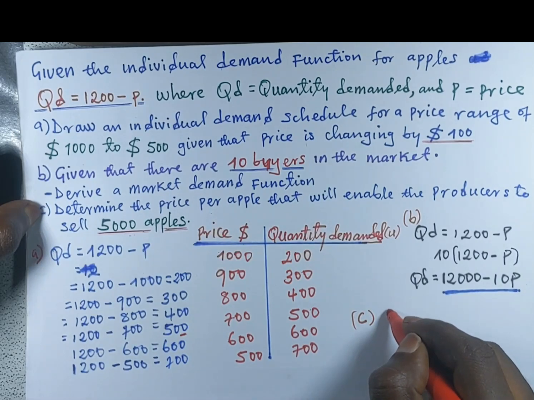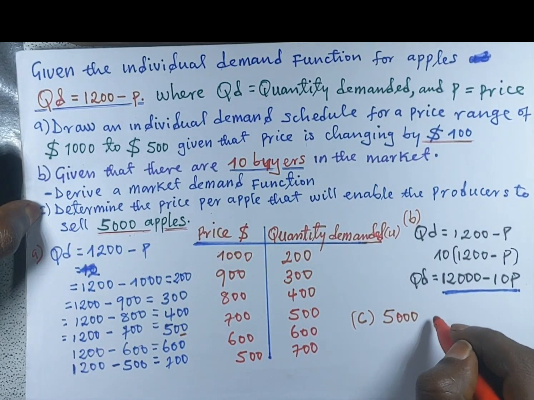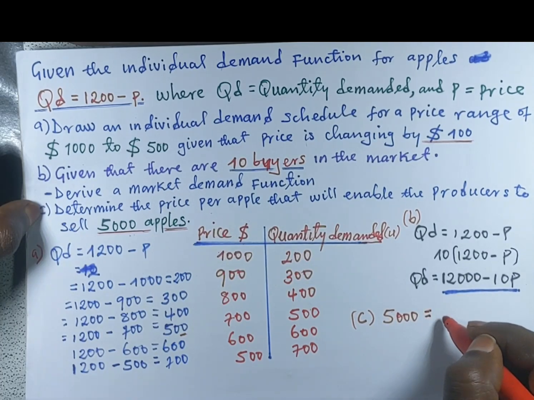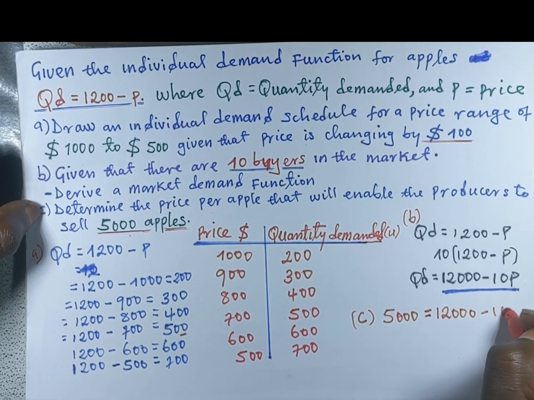So quantity demanded has been given as 5,000. We're going to equate it to the market demand function, which is 12,000 minus 10P.